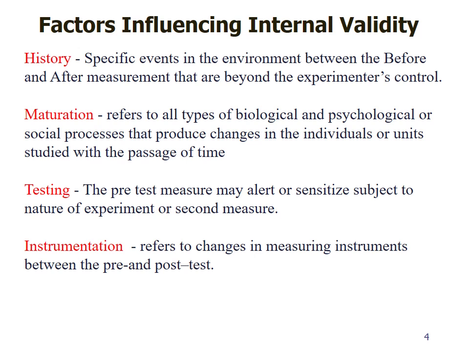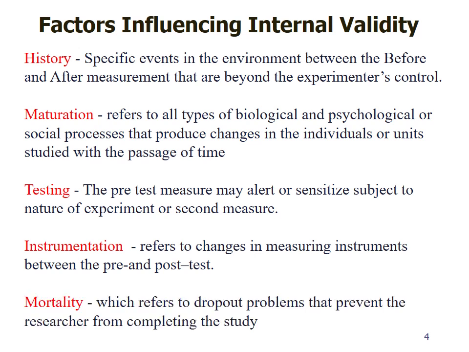And the last one is mortality. Mortality means here the death, for example, the dropout. It could be caused by death or by any means that some people or subjects of your experiments might drop out from the experiments, and of course they will not be able to complete the experiments.